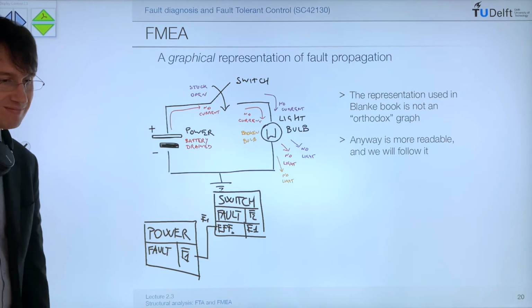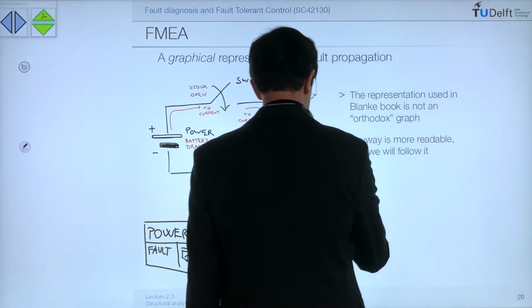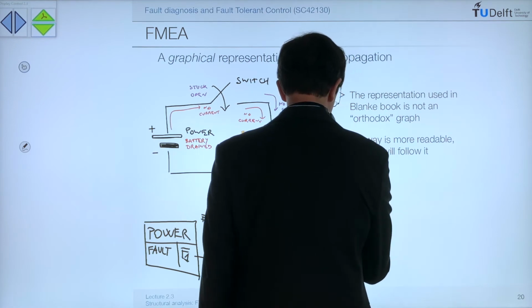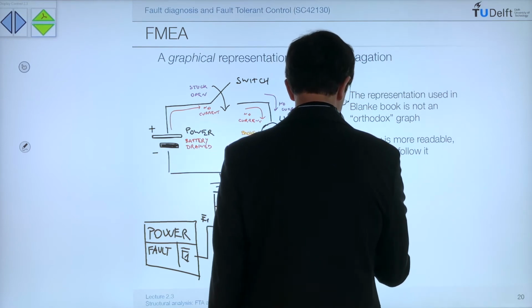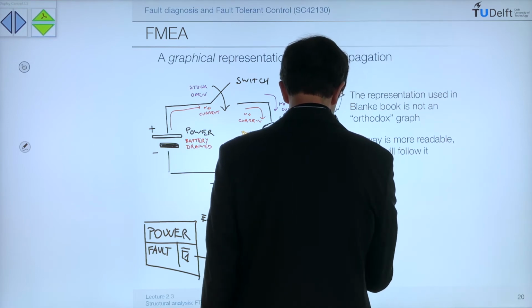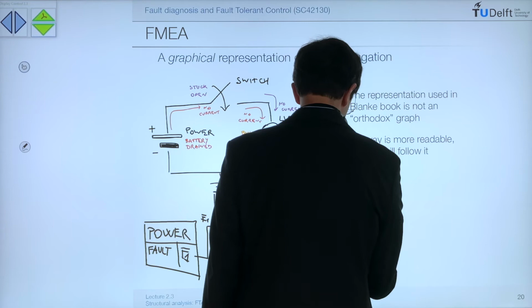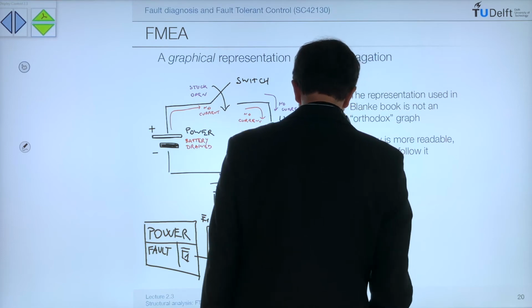Then, at the light bulb level, we have one local fault, the broken bulb, that we call F3. And we have one possible effect that we call E2, that is no current coming in.